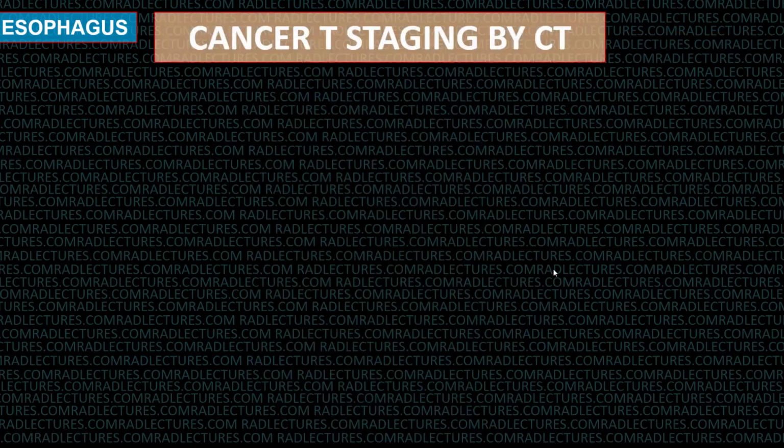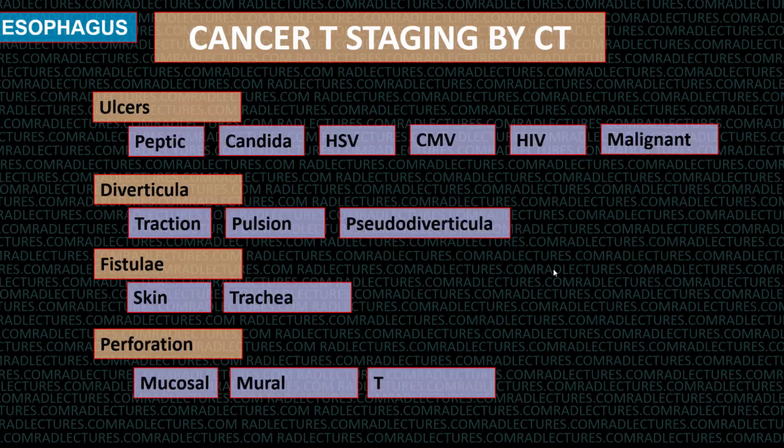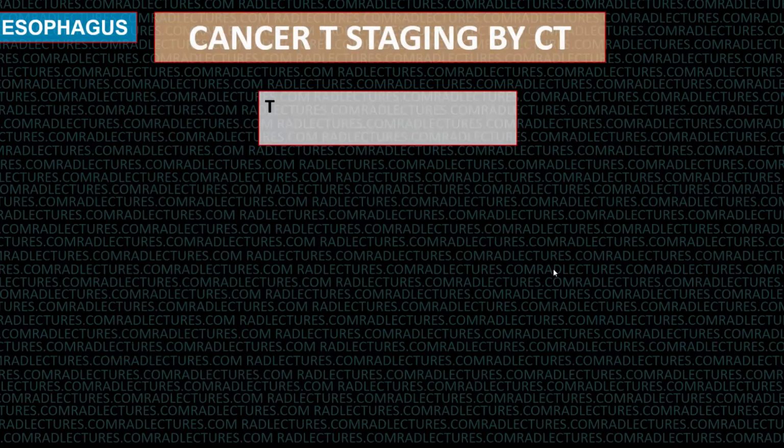The last part that I'm going to do very quickly is T-staging of esophageal cancer by CT. And we'll go through this. This is not the slide. We'll go to the next slide. Yes. So T1 and T2 cancers are within the esophageal wall.